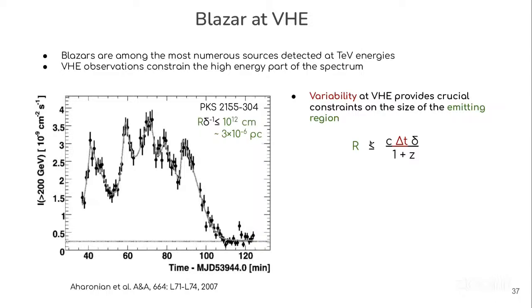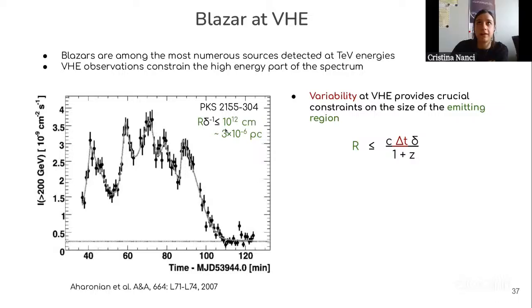For example, for this source, PKS 2155, the variability timescale was of the order of 10 minutes. This allowed us to constrain the emitting region to 10^12 centimeters, meaning sub-parsec emitting regions, so even better than what we can do with VLBI imaging.